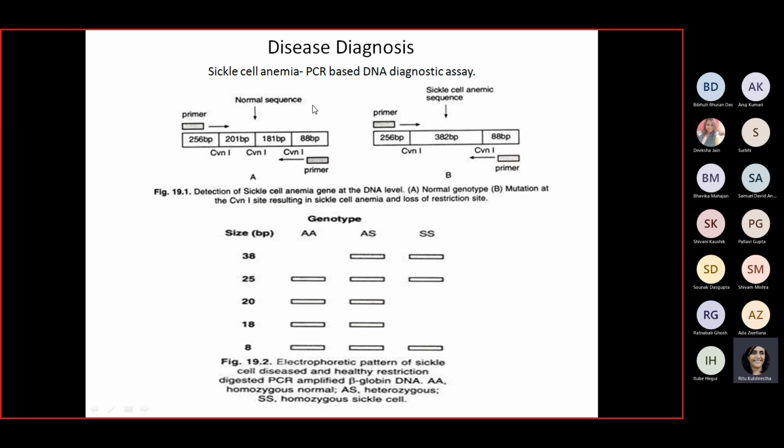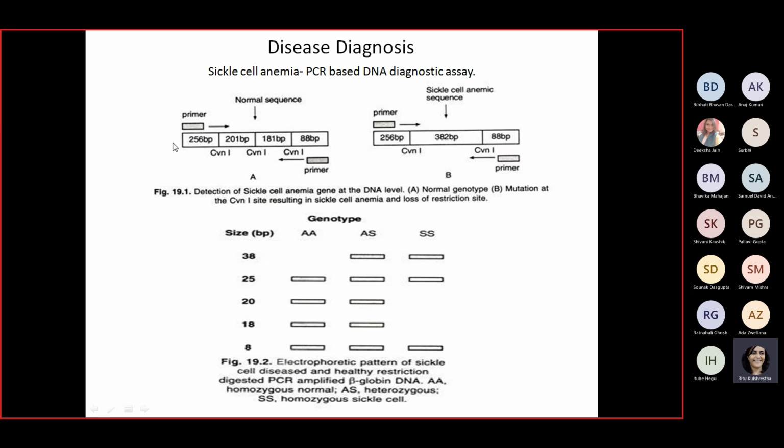Let's say the example given here is sickle cell anemia, and I think we all know that it happens due to a single base mutation. So how can the various diagnostic assays detect that single mutation? Incidentally, in this case, it was realized that the mutation lies within the recognition sequence of a particular restriction enzyme, in this case the CvnI enzyme.